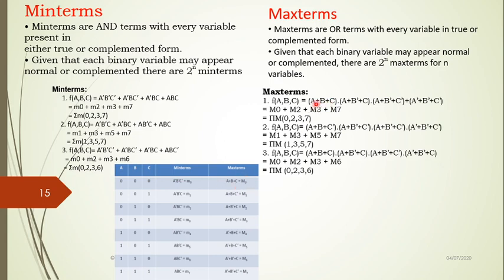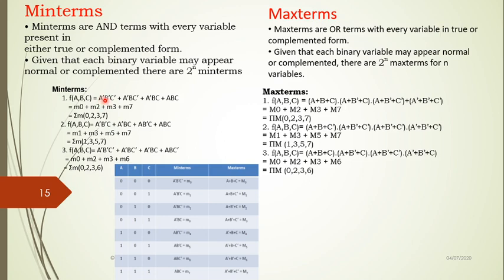That is, if it is a plus b plus c, then we say that it is the zeroth max term. And this is obtained by taking the complement of a' b' c', which is the min term for the 0 0 0 representation. So in short, we can say that max terms are the complements of min terms.